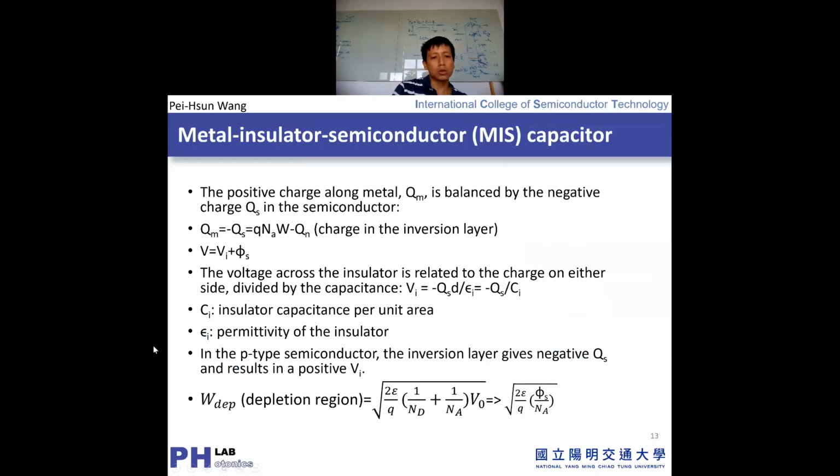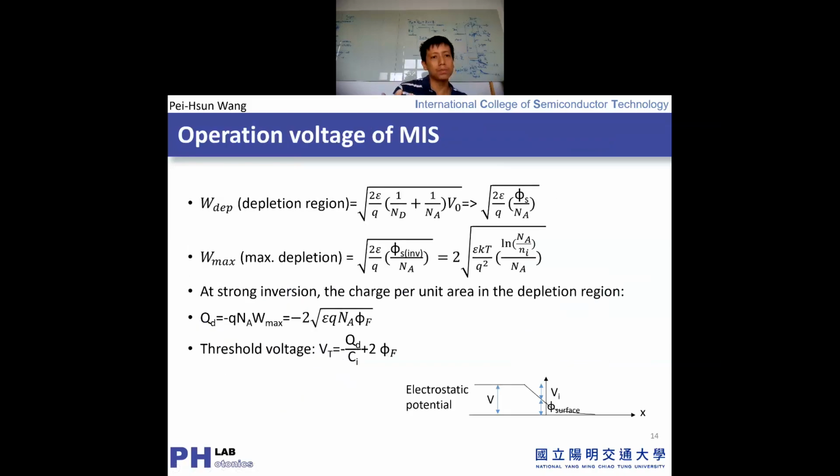Okay, so when you apply this potential, what is the unknown factor? You need to know what the doping concentration is to determine how much depletion potential we get. And then we need to get the phi F, and this phi F can be determined by the scale of NA over NI, take the log scale.